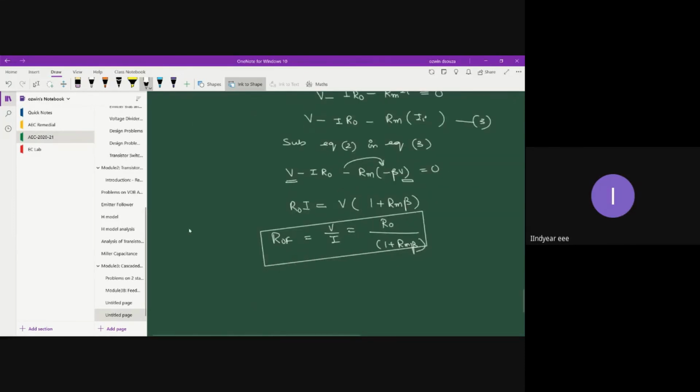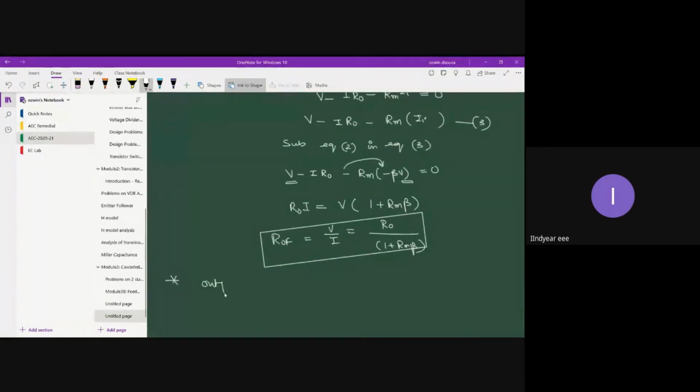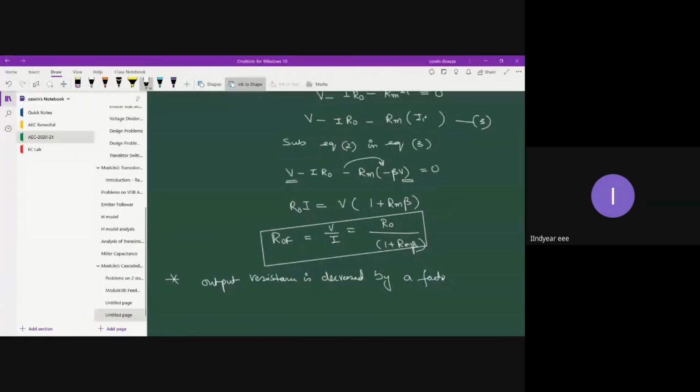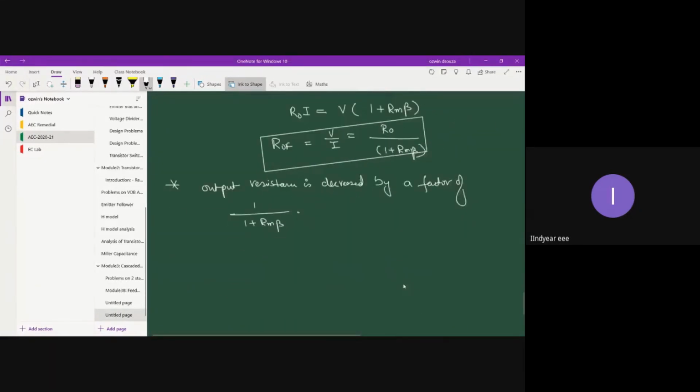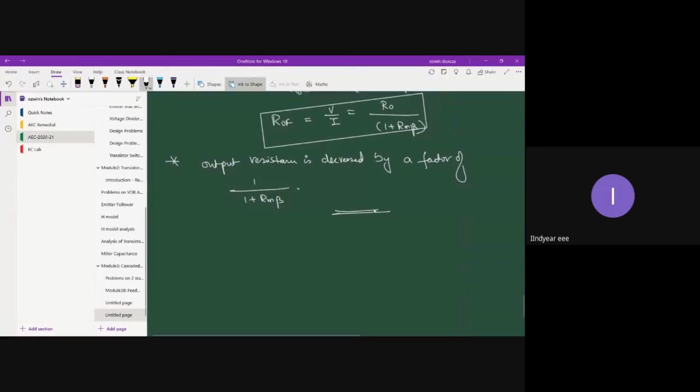So this equation reveals that output resistance is decreased. Output resistance is decreased by a factor of 1 divided by 1 plus Rm into beta.